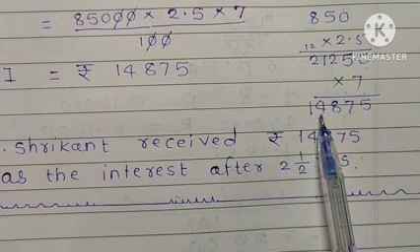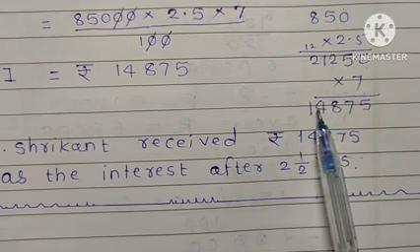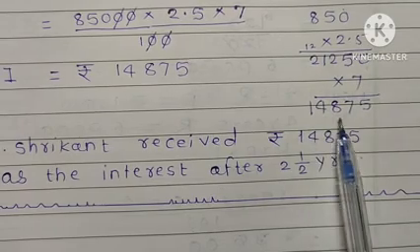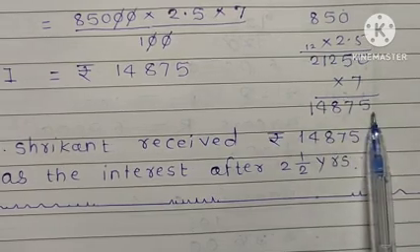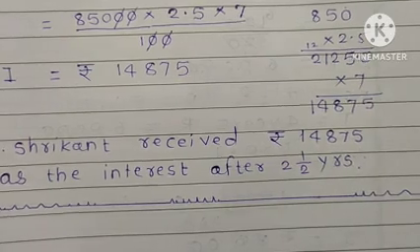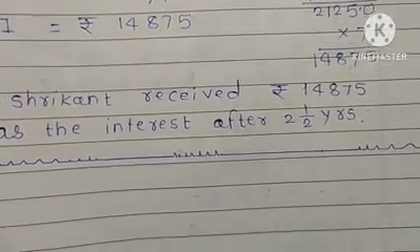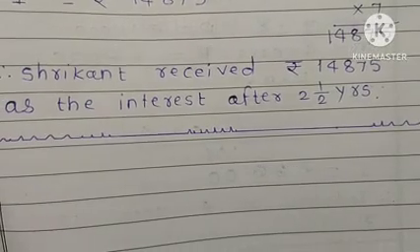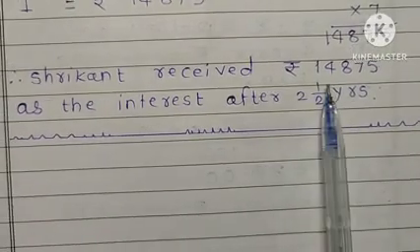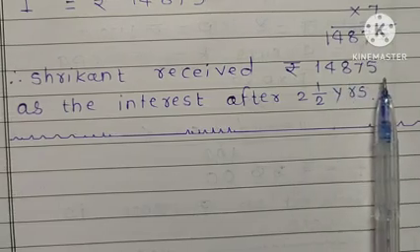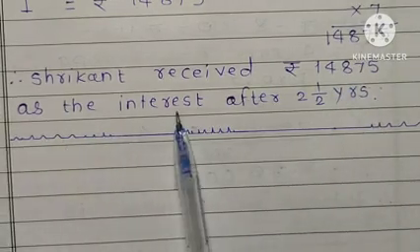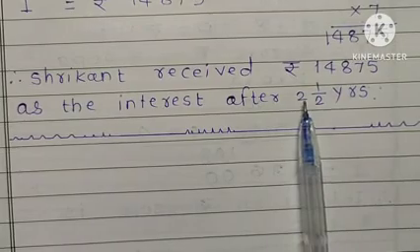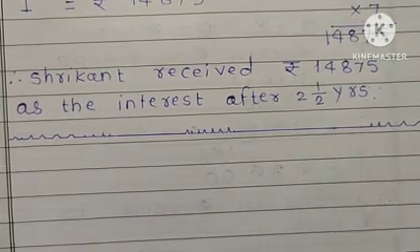In this way, interest will be 14,875. Now, Shrikant received rupees 14,875 as the interest after 2.5 years.